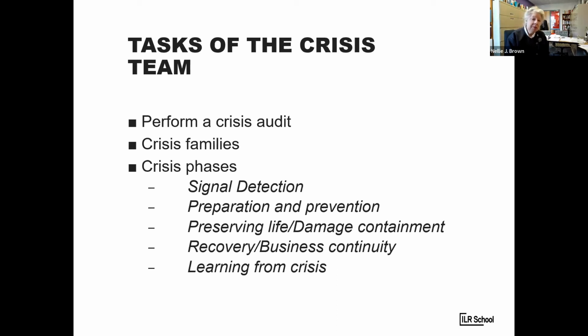Now, in my longer programs where I take people through all kinds of different elements of crisis planning, recovery, and aftermath, and so on, I like to make sure people understand that there's a lot more to this process. For example, when you uncover a vulnerability in a particular crisis family, you view yourself as being vulnerable in this particular area. We then want to explore what sorts of signals would give you an idea that this crisis is beginning.